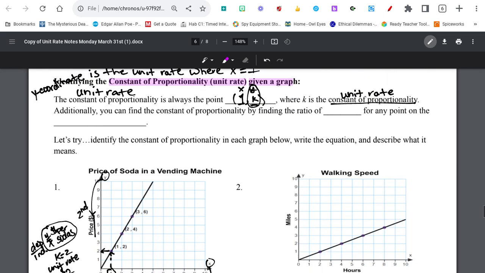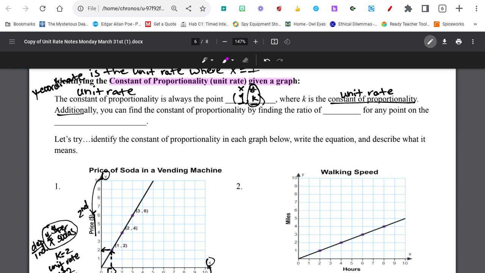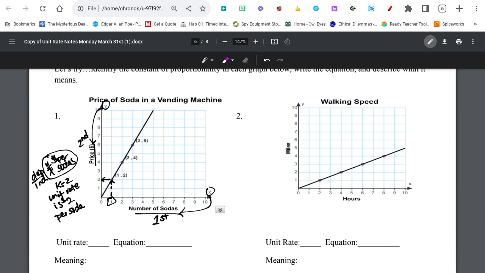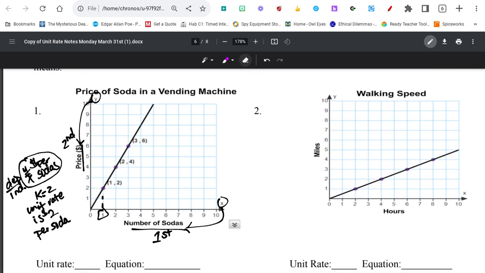Now, that's one way to find your unit rate. But another way: you can find the constant of proportionality by finding the ratio of y divided by x. And that's what we're used to for any point, and a point consists of an x and a y coordinate, x first. Okay? For any point on the graph, you just pick a point on the graph and divide the y by the x. Let me show you what I'm talking about. So I can pick this point.